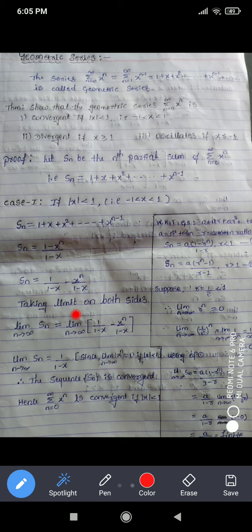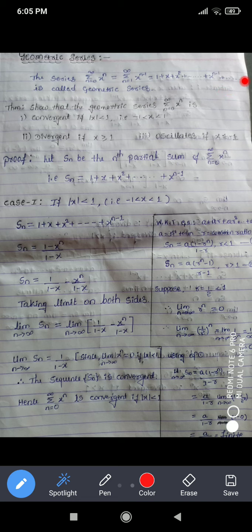So what is a geometric series? An expression like this: summation n from 0 to infinity of x raised to n is equal to summation n equal to 1 to infinity of x raised to n minus 1. This expression is 1 plus x plus x square plus up to x raised to n minus 1 plus so on.